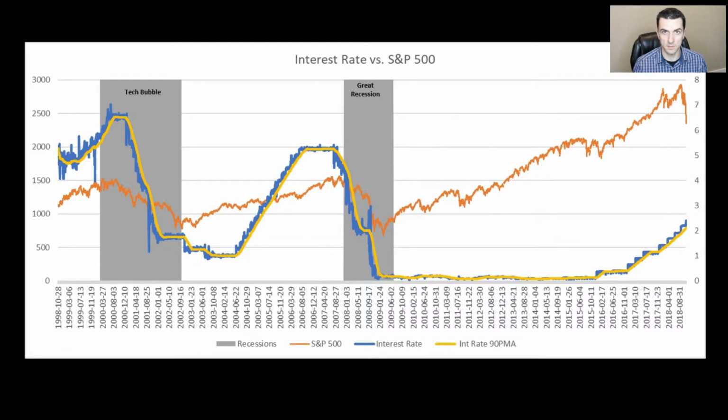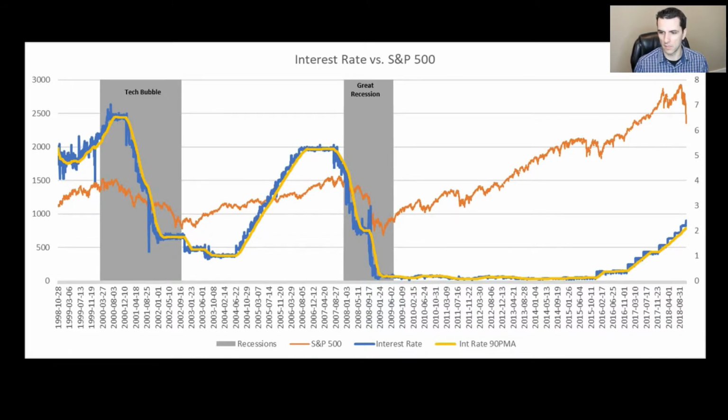In both of those instances, the rate of increase in the rate was very steep relative to the post-2008 period, where obviously the rate has stayed very low, and only since about 2017, or I guess 2016 actually, has it started to increase.